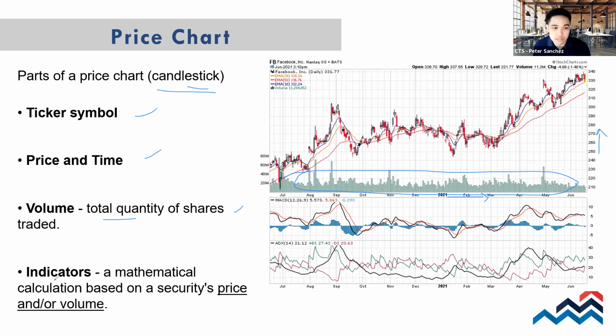We also have our indicators. Indicators are just mathematical calculations based on the security's price and or volume. So itong indicators natin, for example, ito yung EMAs, itong iba-ibang kulay na lines, the MACD, moving average convergence divergence, and the ADX. No? Lahat tong indicators based lang rin sa security ng price.